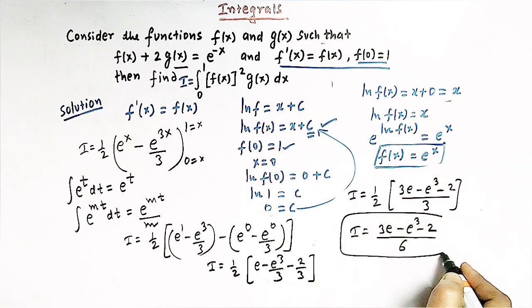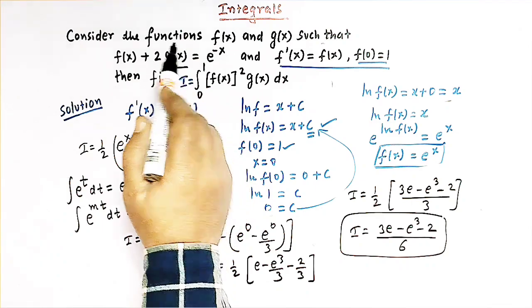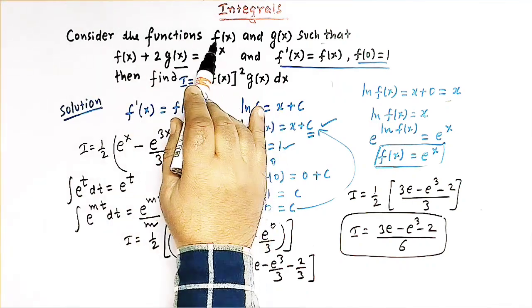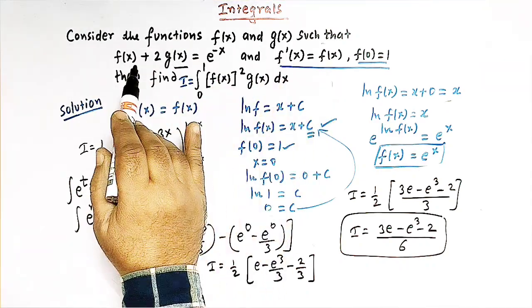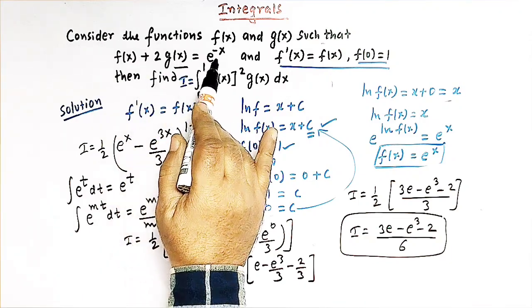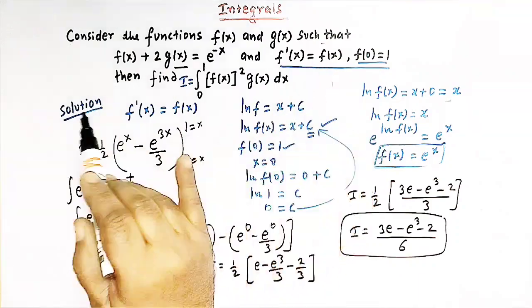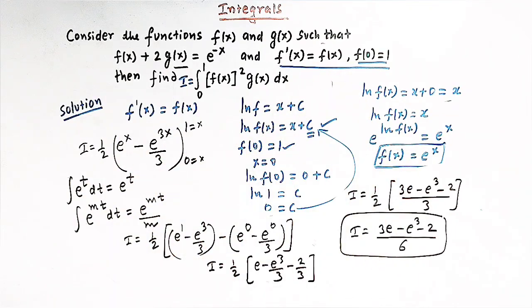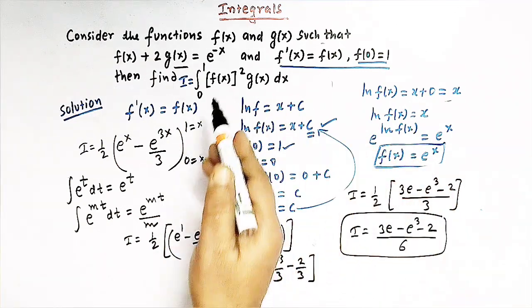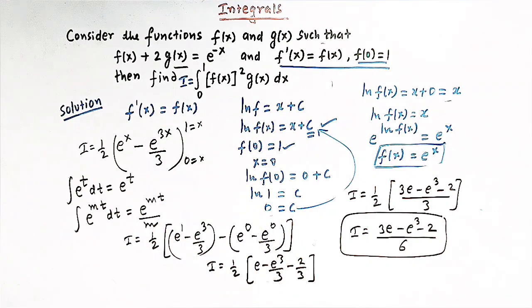This is the required value of the integral I when we are given two functions f(x) and g(x), such that f(x) plus 2g(x) equals e^(-x), f'(x) equals f(x), and f(0) equals 1. So this is how, by making use of these concepts, we can easily solve these kinds of problems.